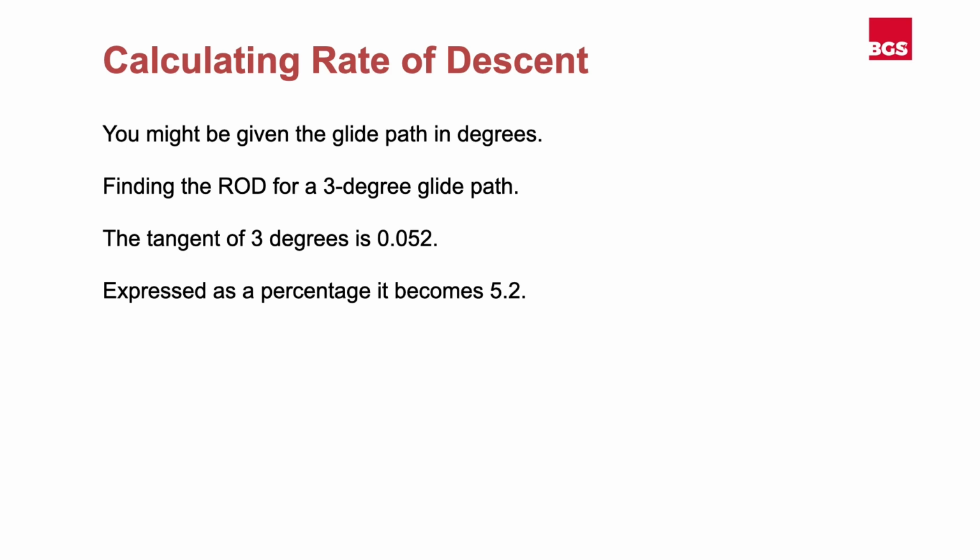So that's the gradient. So if I have a 3-degree glide path, it has a gradient of 5.2%. So just as an approximate ready reckoning thing, we can say for a 3-degree glide path, the rate of descent is 5 times the ground speed.